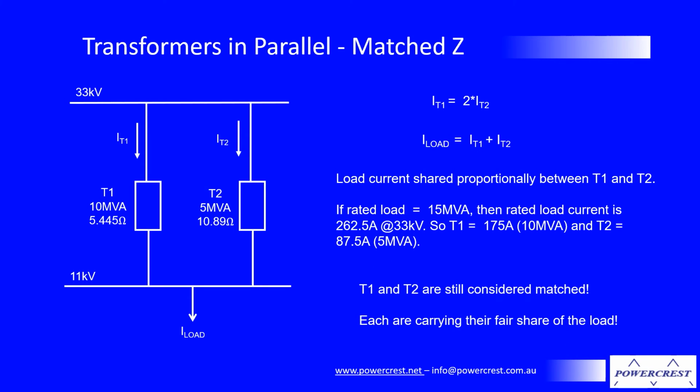So we can say that T1 and T2 are still considered matched. Why? Because each is carrying their fair share of load current. Right? In a nutshell, if load current is 3 per unit, then in this example, T1 will carry 2 per unit and T2 will carry 1 per unit of the load current.